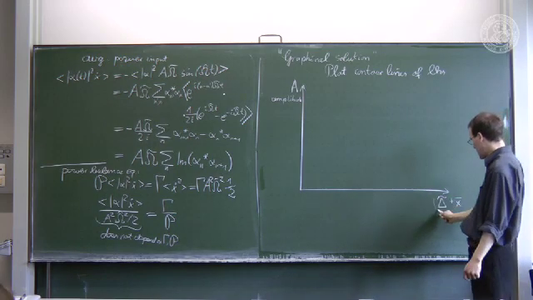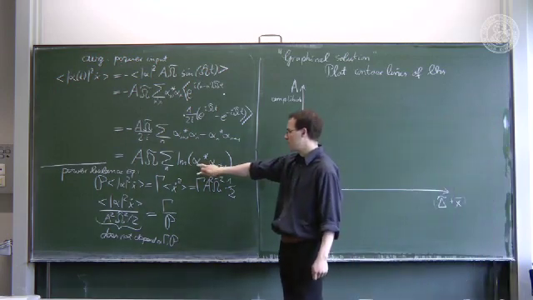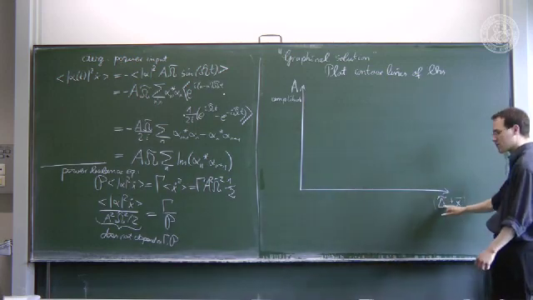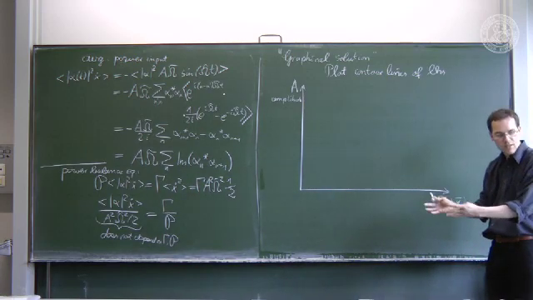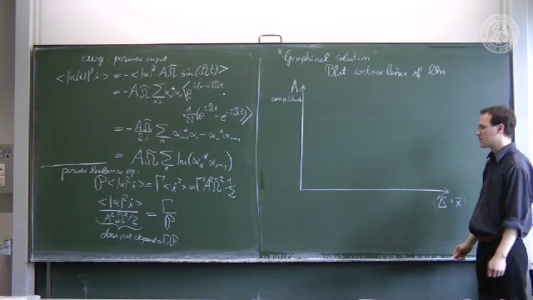But if I plot it as a function of this combination, and it is only this combination that will appear in these Fourier amplitudes, so the left-hand side plotted as a function of this is just a given. It does not depend on what in the end will be the precise value of x bar.